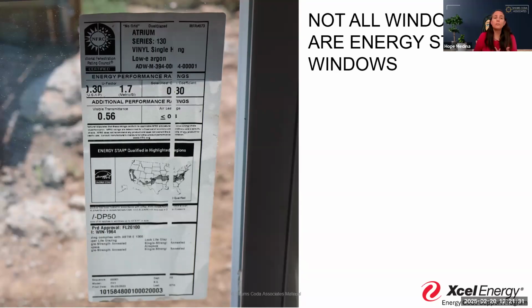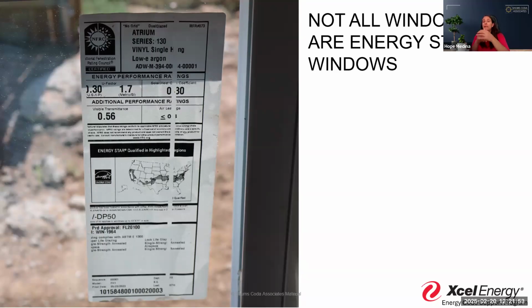You know, our U factor, which we have to pay attention to, our solar heat gain, we have to pay attention to. Now, it also provides information about our visible transmittance, and it also lets us know how much air leakage this window tested at, because believe it or not, we got requirements for it, and we'll talk about it.